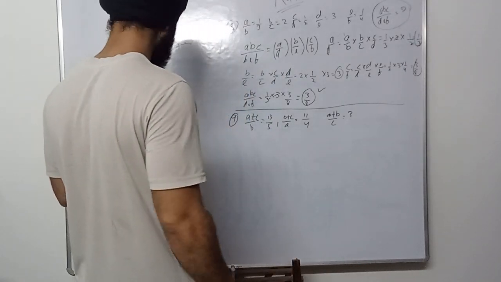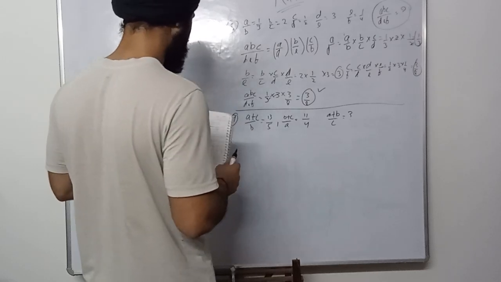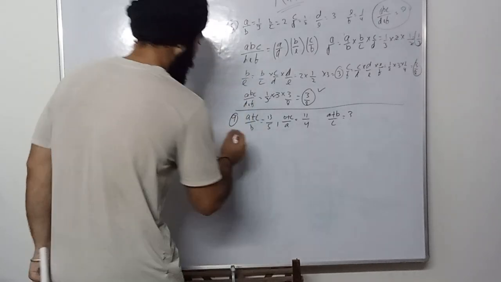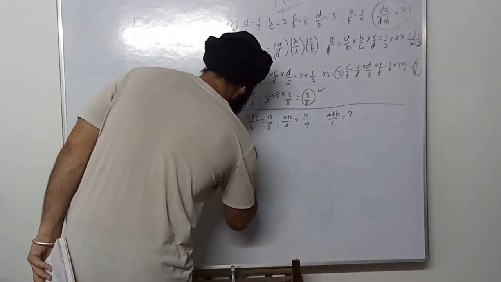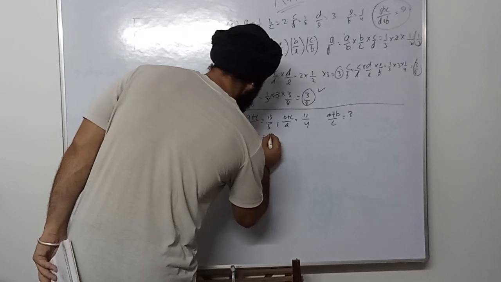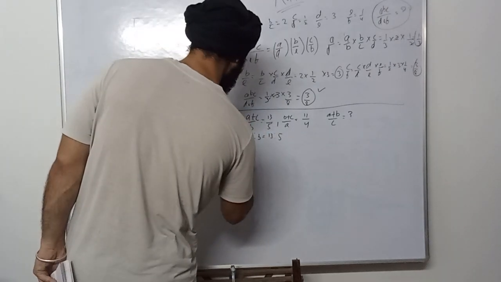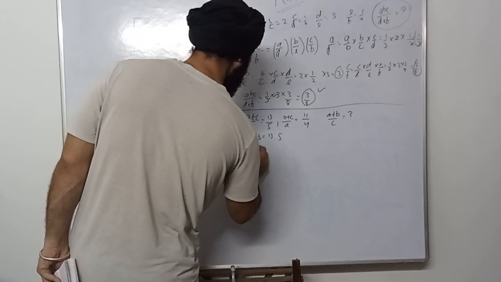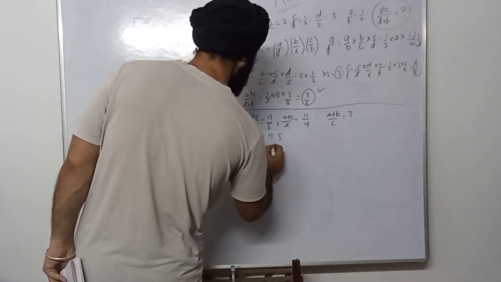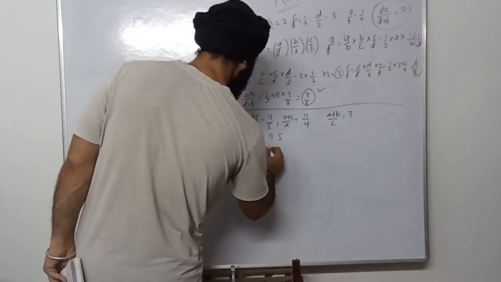Maybe there is an alternate approach. No, there is not any alternate approach. So A plus C ratio B is equal to 13 ratio 5 and B plus C ratio A is equal to 11 ratio 4.